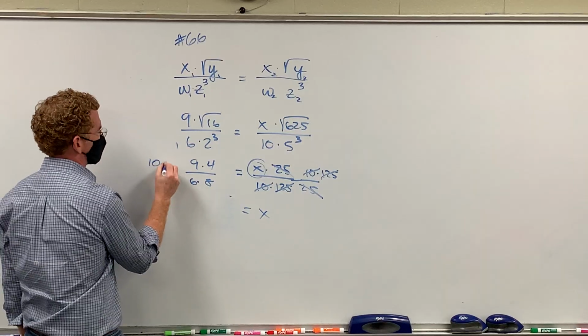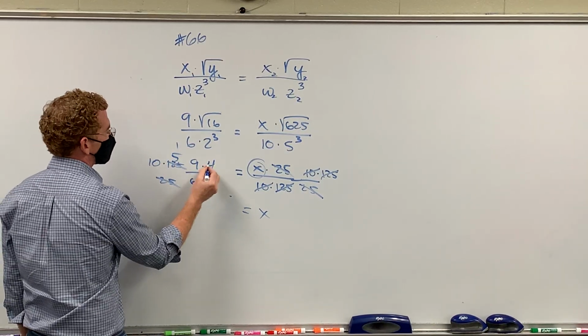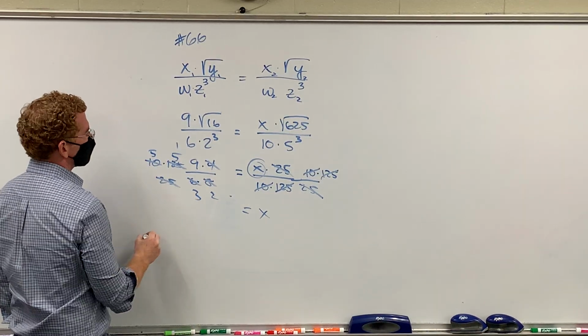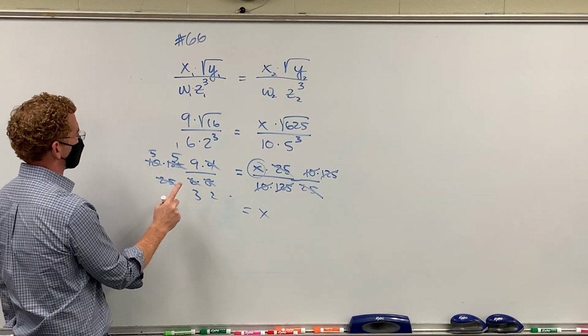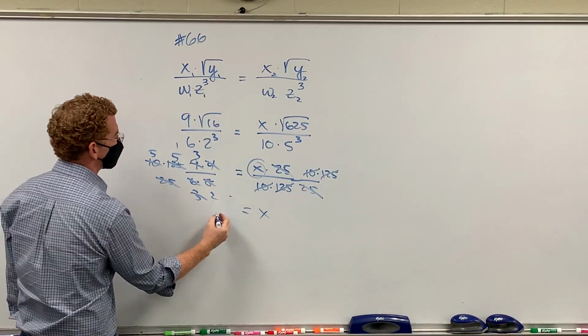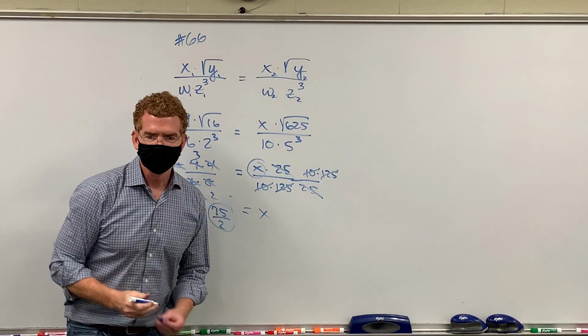Bring up the 10 and the 125. Bring down the 25. Nothing else? 25, is that right? The 3 and the 9, sorry. Have a little problem. 75 halves? 75 halves. Thank you.